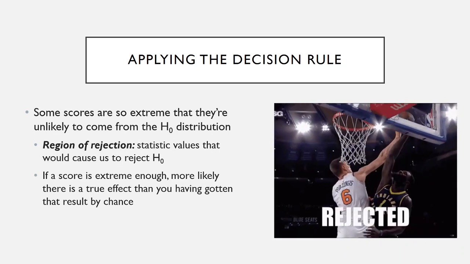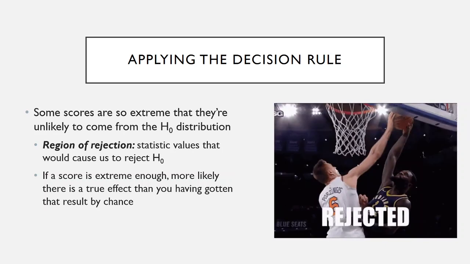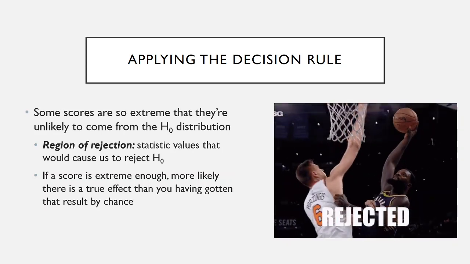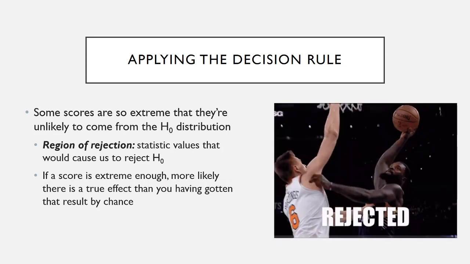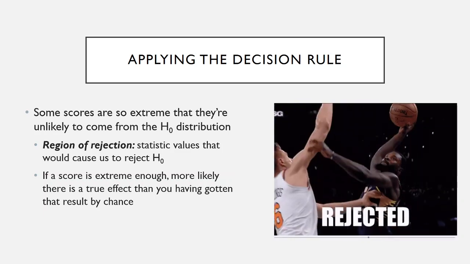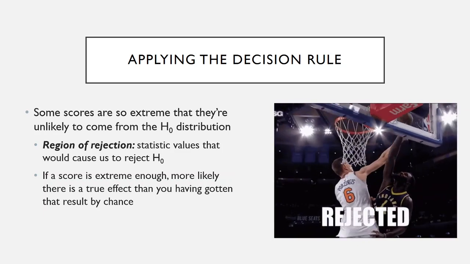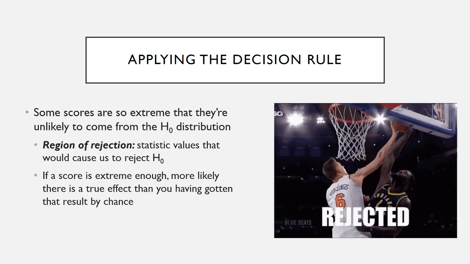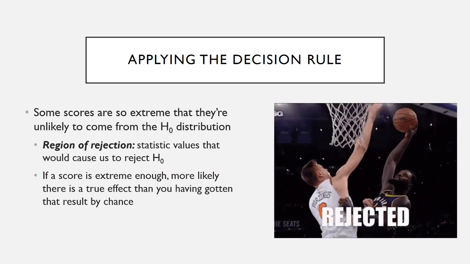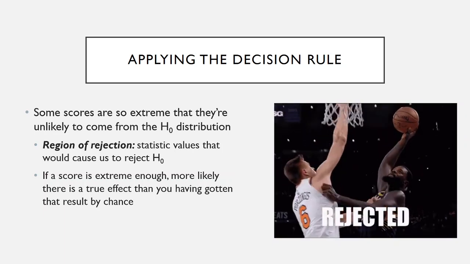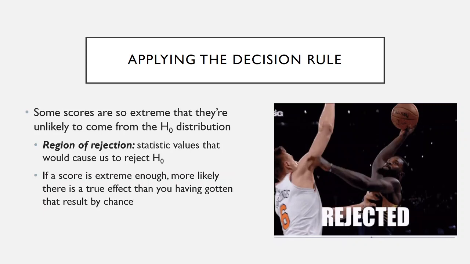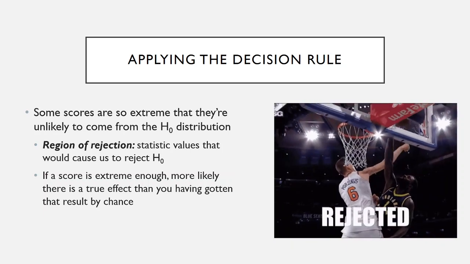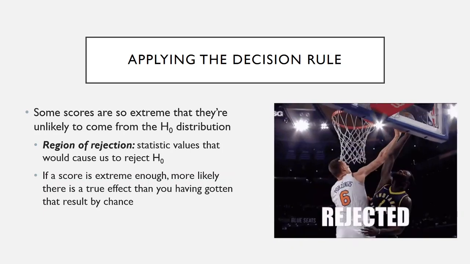Specifically, in evaluating whether or not our scores are extreme enough, what we're going to do is identify an area of the null distribution called the region of rejection. The region of rejection is going to represent a portion of the null distribution that's extreme enough that it causes us to reject the null hypothesis.